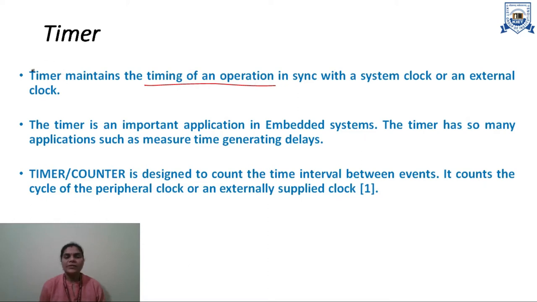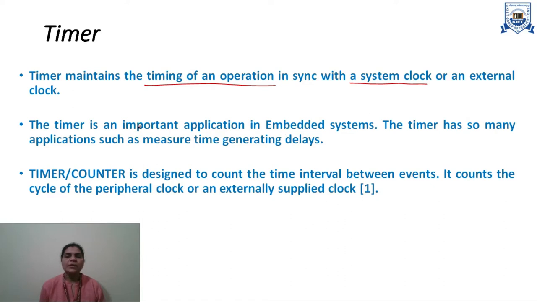In embedded systems or microprocessor and microcontroller, we have a timer which gives us the timing of an operation with the help of some system clock or an external clock. So timer is an important application in embedded systems. We have many purposes to use a timer in systems.